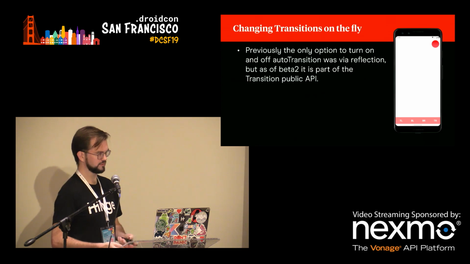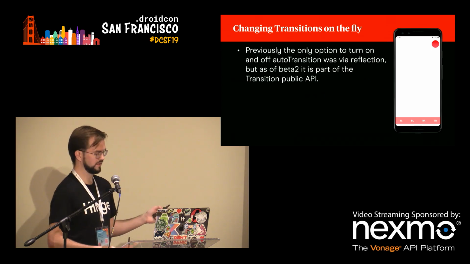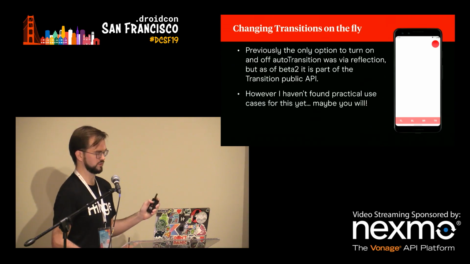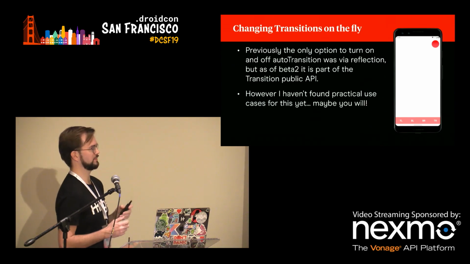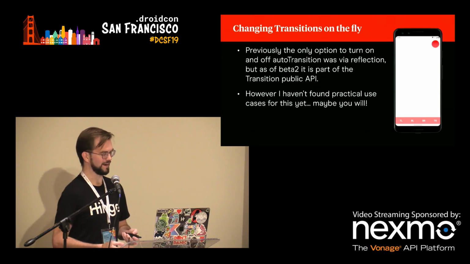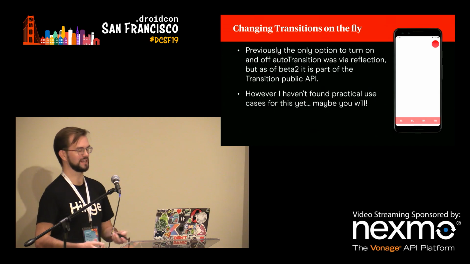So that's super possible. I used to have to do this with reflection. I think in beta 2, it's part of the public API now. I'm not completely sure about that. Also, I haven't found a practical use for doing this stuff. It's just super fun. I was having a good time. But maybe you will. Maybe you'll make a fun game out of this.